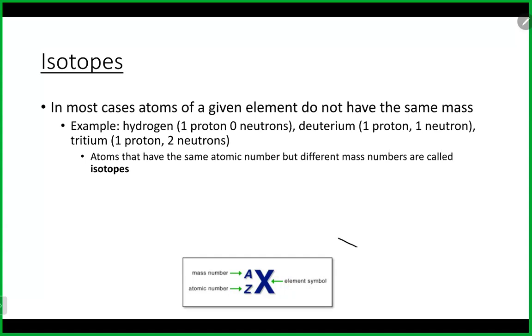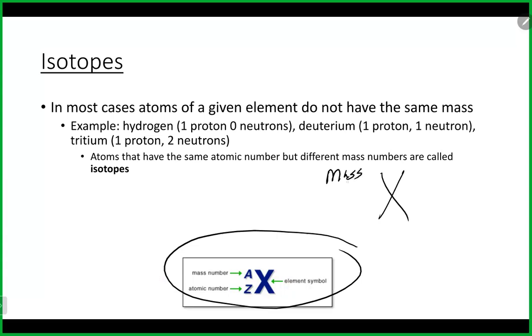This is the way that we sometimes will write our symbol there. We will use the symbol. Up on top left will be the mass number. Bottom left will be the atomic number. So let's take a look at each of these. I go and I see hydrogen, and I see it has 1 proton.